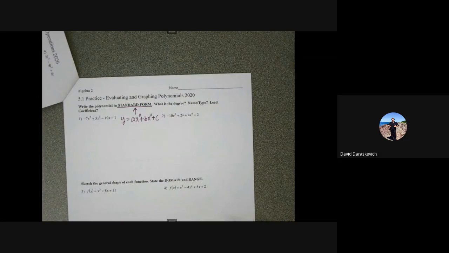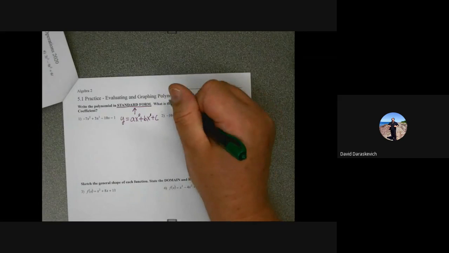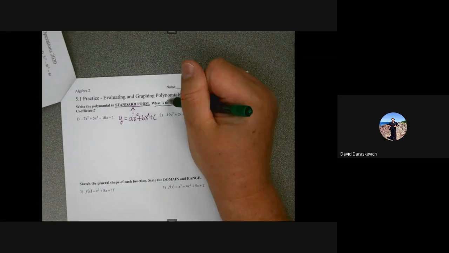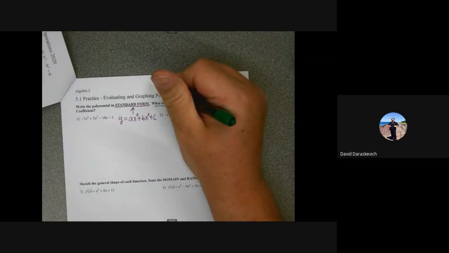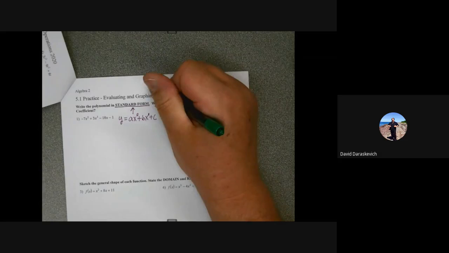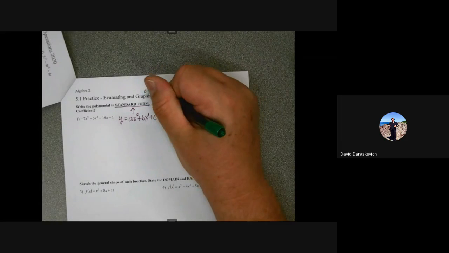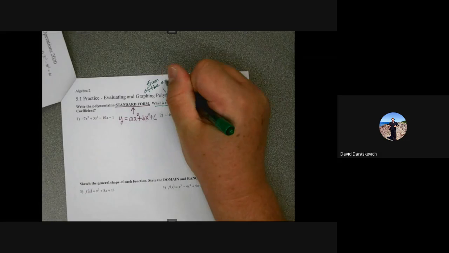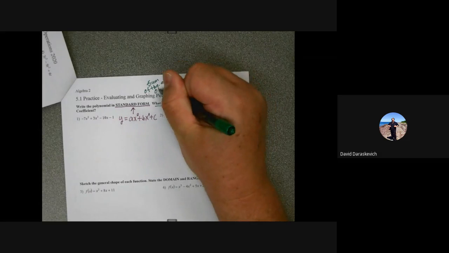Now, the degree is the sum. The degree of your polynomial is the sum of the exponents of the variables.